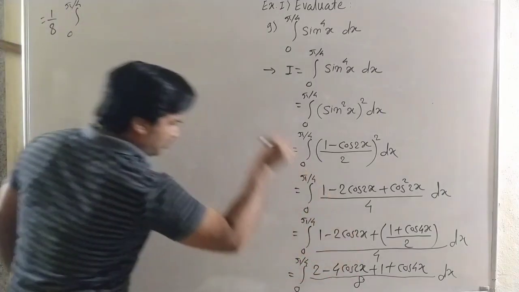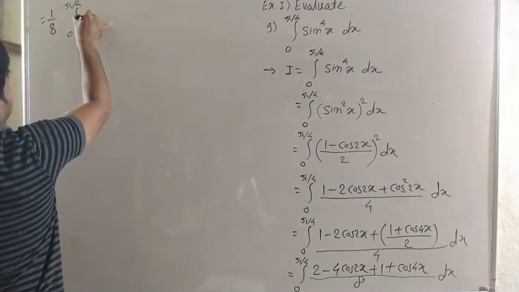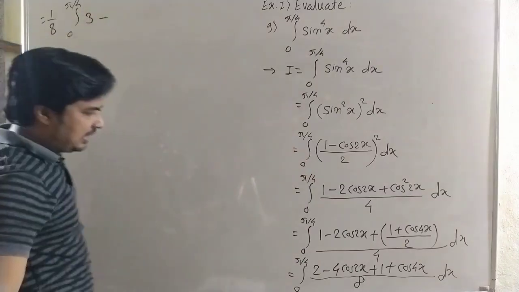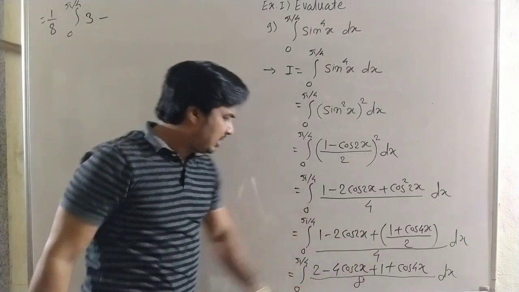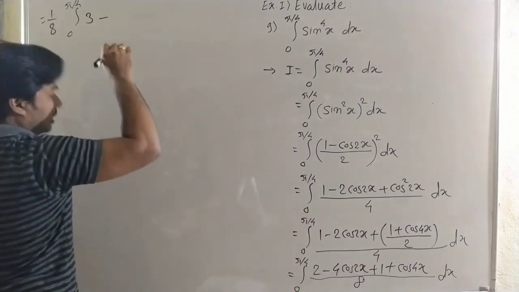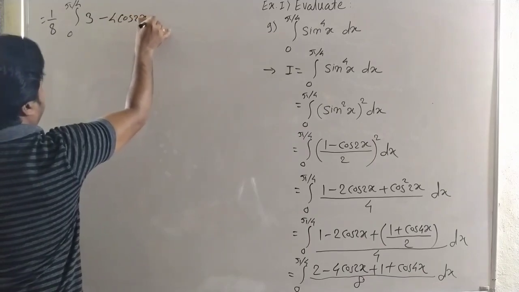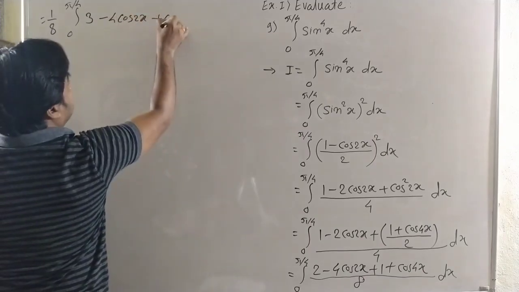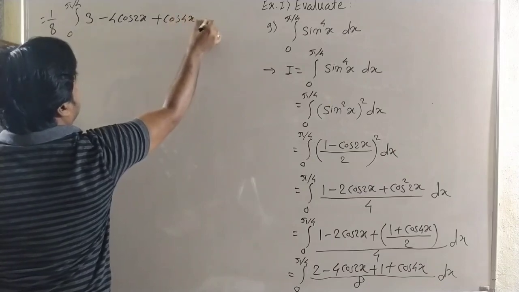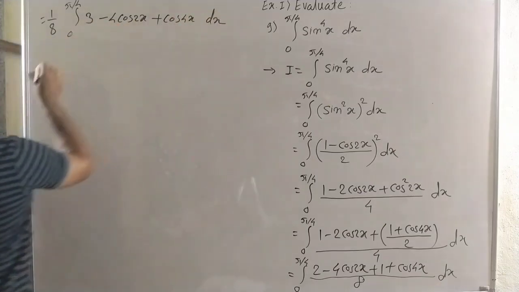now it is 2 plus 1, it is 3 minus 4 cos 2x plus cos 4x dx. Now we integrate this.